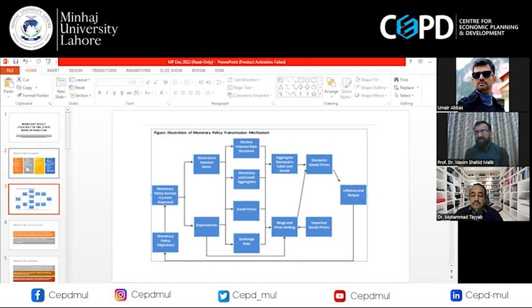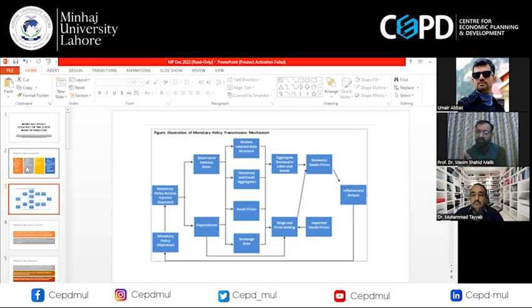Now, these four components affect aggregate demand in the market. So basically, what the central bank does ultimately affects inflation and output through effects on aggregate demand. So through these four channels, aggregate demand is affected and wages and prices are affected, which affect domestic goods prices as well as imported goods prices.